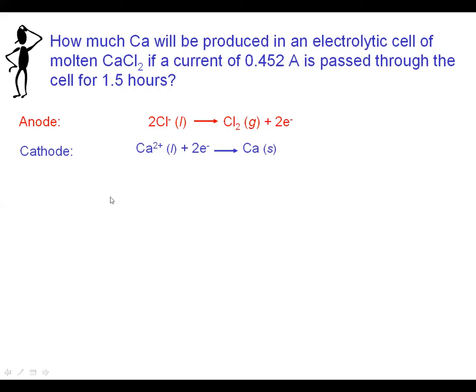Here are the half reactions. So why don't you take a few minutes here and see what you come up with. Here we are looking for the grams of calcium, and calcium is 40.08 on the periodic table, which you might need. All right, take a couple minutes, then we'll talk about it and see how everybody did.